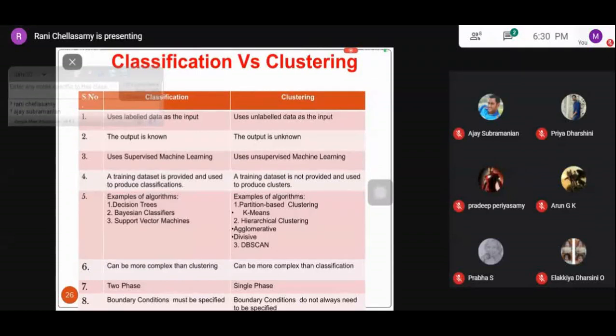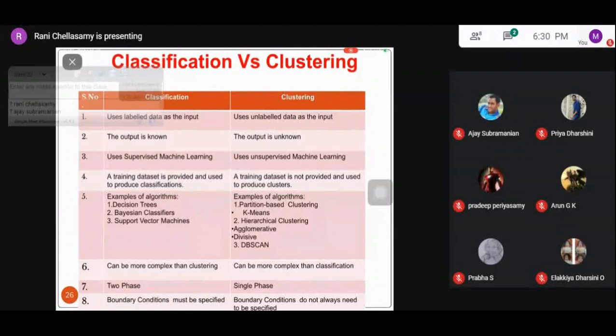Okay? Classification can be more complex than clustering, whereas clustering is less complex than classification. Classification consists of two phases. The first phase is building the model, that is the classifier model.